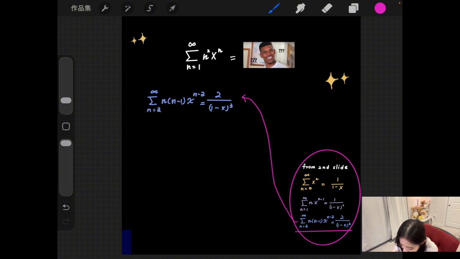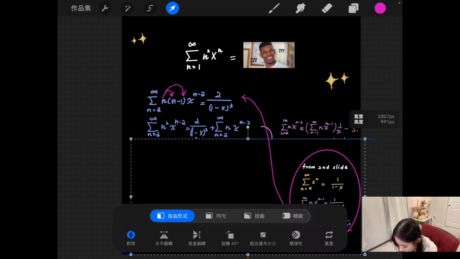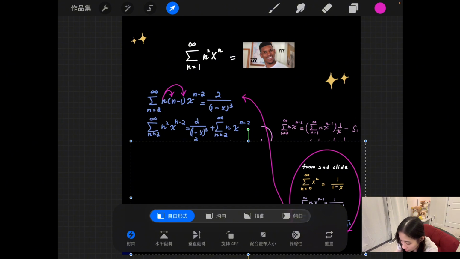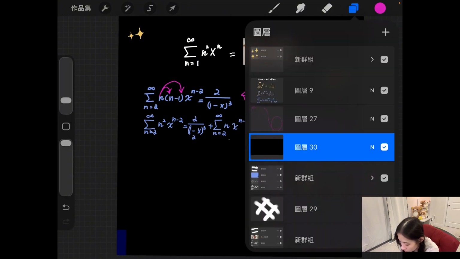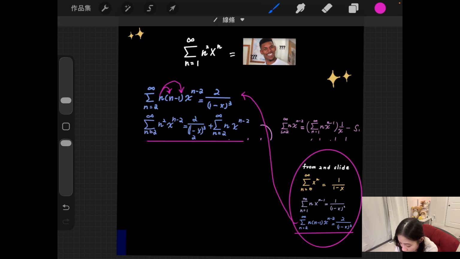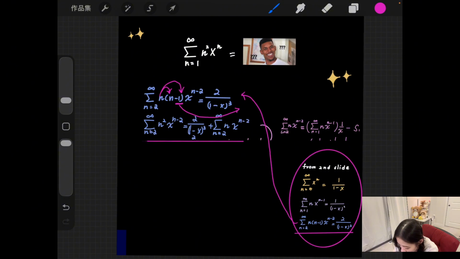We multiply by n into here and then here, and then it becomes, let me move it down, this line over here. I just take n into here and also move this one into here, so it becomes this one on the other side of the equal sign.